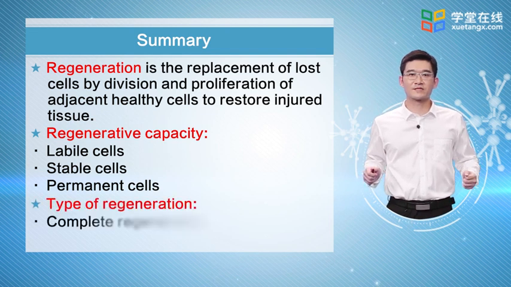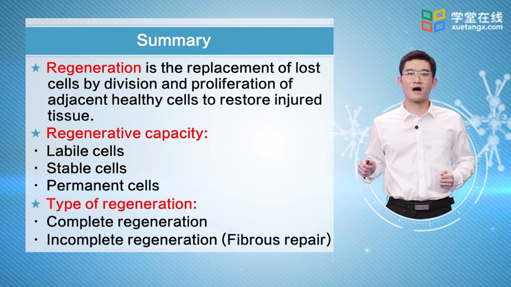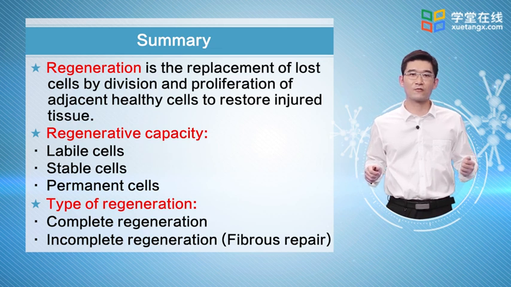If tissues with strong regenerative capacity are only slightly injured, then repair is accomplished by complete regeneration. Otherwise, the repair would be incomplete with scar formation, like our 5-year-old boy with the burn.